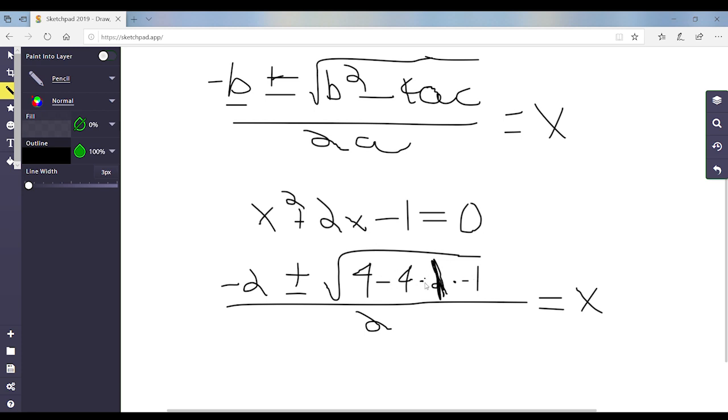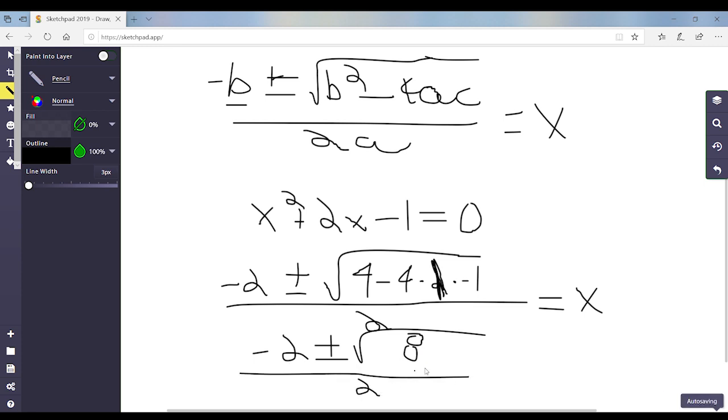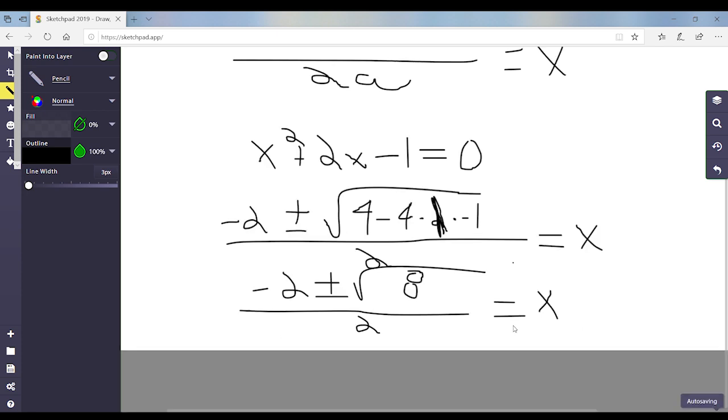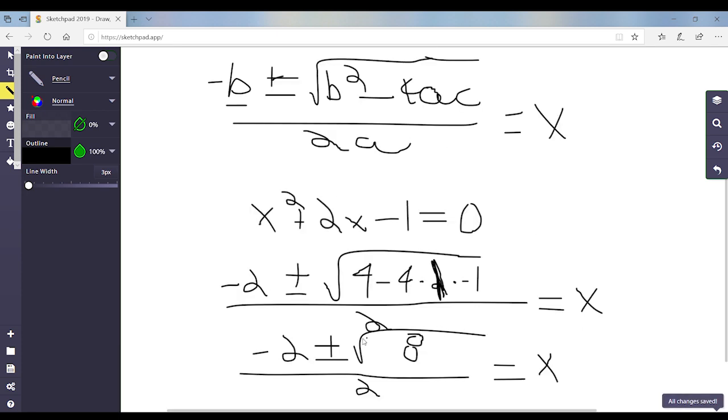Okay, so let's solve a little bit more. This is going to be -2 plus or minus the square root of 4 plus 4, the square root of 8, divided by 2. So this is what our x is going to be equal to.